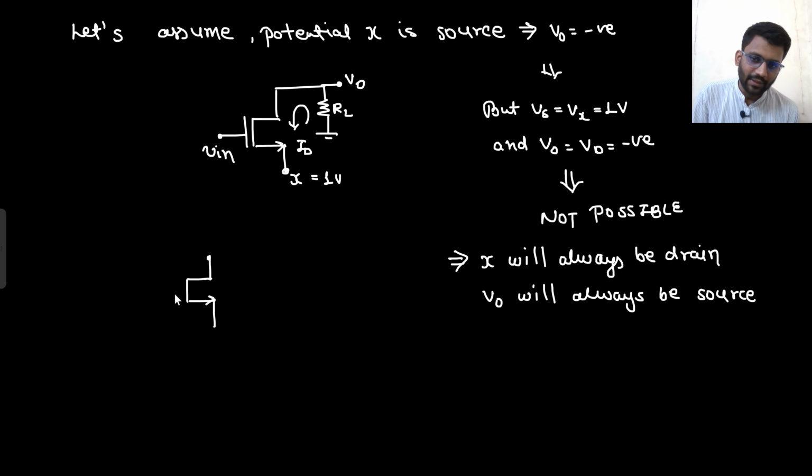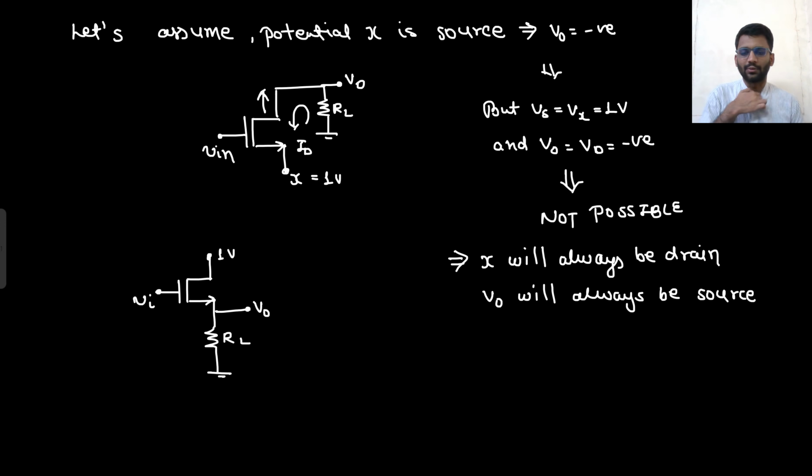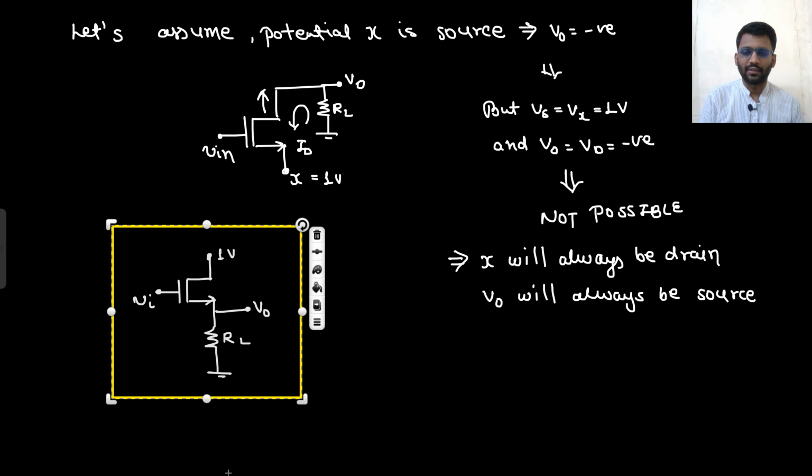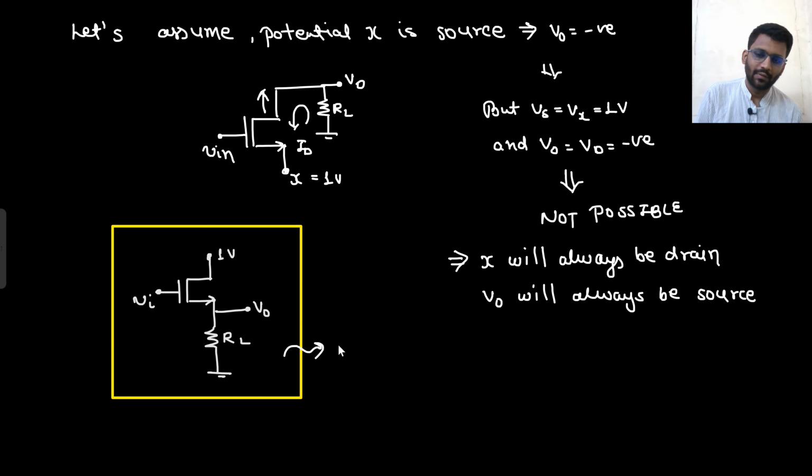I can make the diagram like this. This will always be drain, this is source. Basically the current direction will be in this direction. The current direction has to be like this. So the current is flowing from 1 volt outward towards V0. This is how I can show it. This is RL and this is your Vin. That's it. This is how your circuit should look. This is your final circuit.